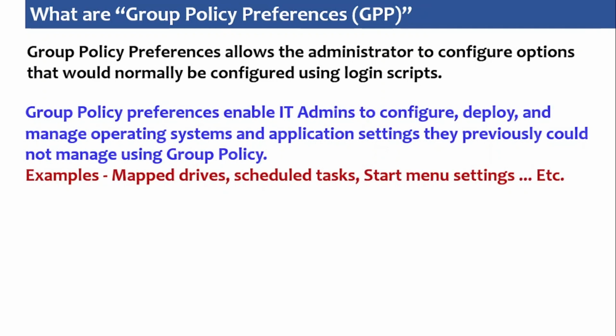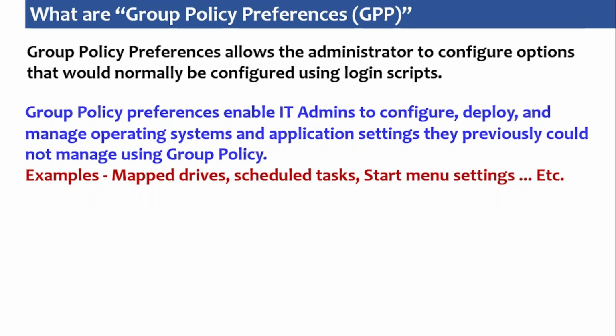Group policy preferences enable IT admins to configure, deploy and manage operating systems and application settings they previously could not manage using group policy. For example, mapped drives, scheduled tasks, start menu settings, or if you want to make an entry in the registry, it was not possible through group policy.